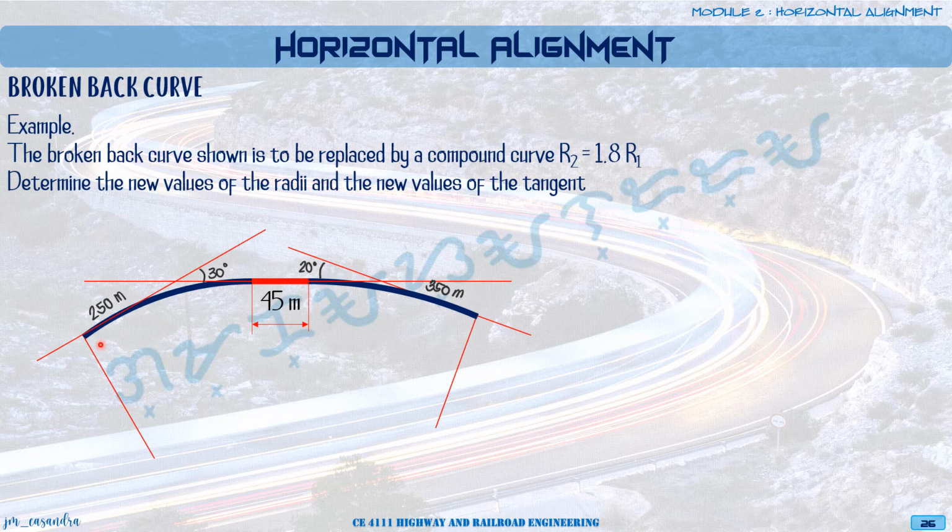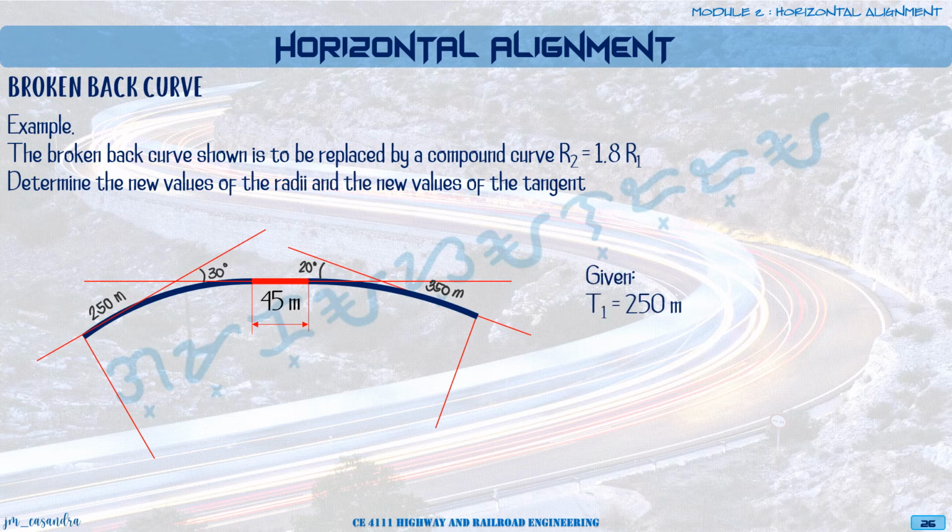So initially, we have our first curve with tangent equal to 250. We have our central angle at 30 degrees. And then we have a very short tangent at 45 meters. And then another curve connected to the end of the tangent with tangent 350 meters and central angle 20 degrees. So for this problem, what are our given?